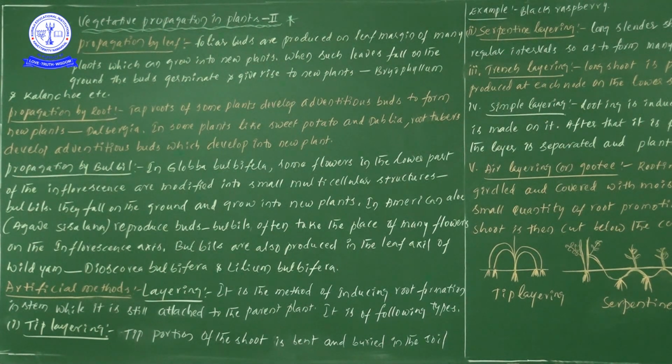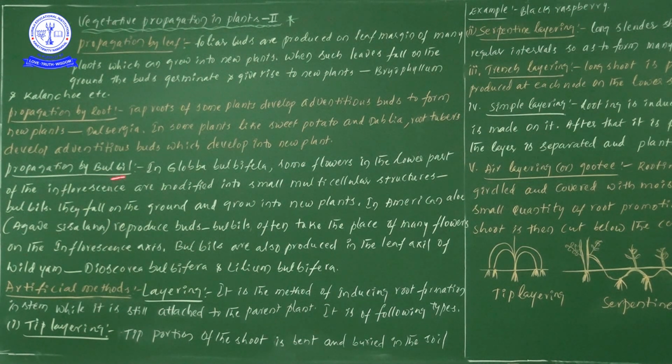So the flowers present in the lower part of the inflorescence are modified into small multicellular structures. These structures we call bulbils. They fall on the ground and grow into new plants.